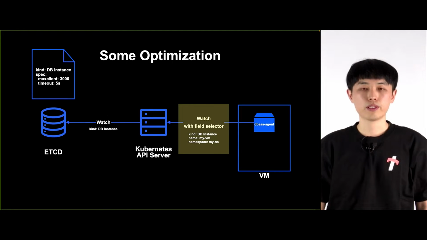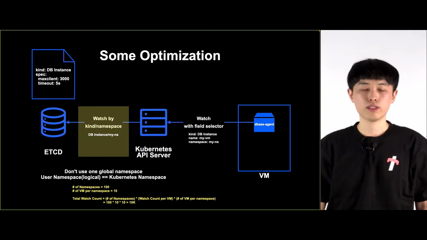So even if we perform this kind of optimization, the API server and DBaaS agent will have less pressure, but etcd and API server will not experience any reduction of weight. And after code analysis, we have identified that it is impossible to set field selectors based on etcd level.